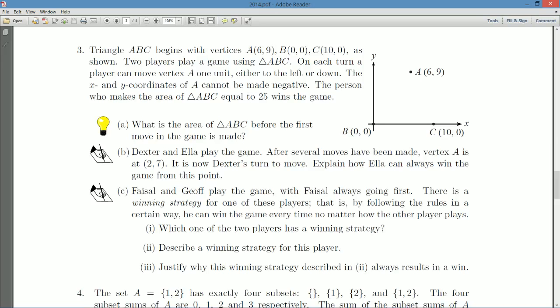Well, what does a winning condition for the game look like? That might be something to explore.